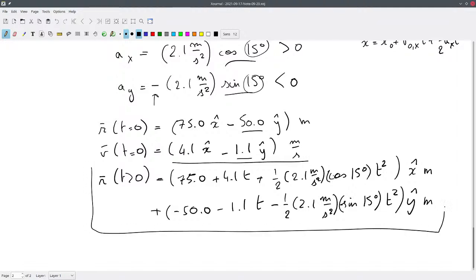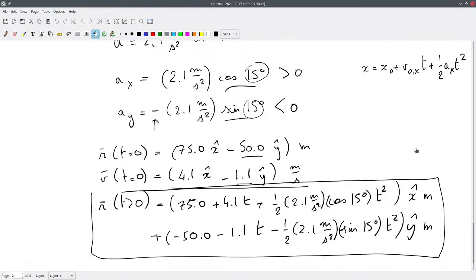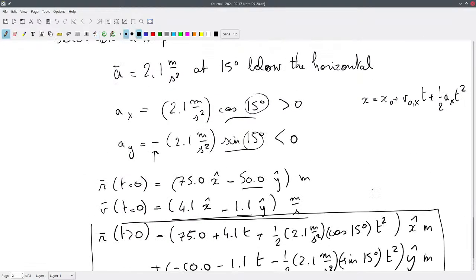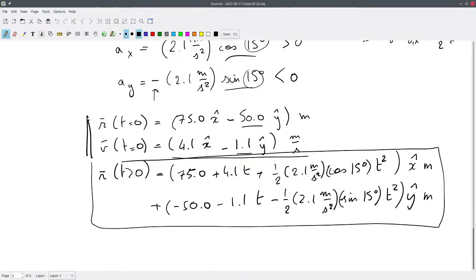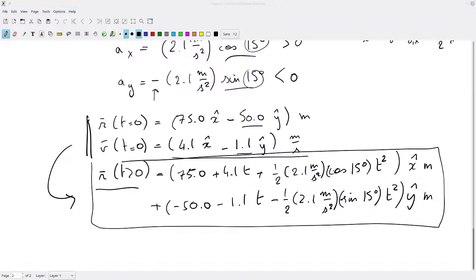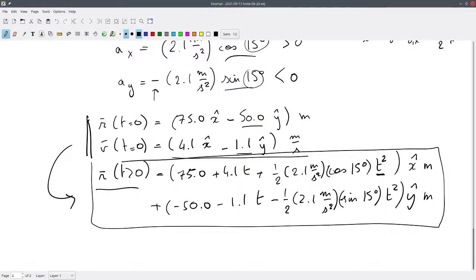So starting from just knowing the magnitude of the acceleration, the direction of the acceleration, and the initial position and initial velocity, we can calculate now the position at any time t, right? So that gives us an expression where we can plug in t and find the position.